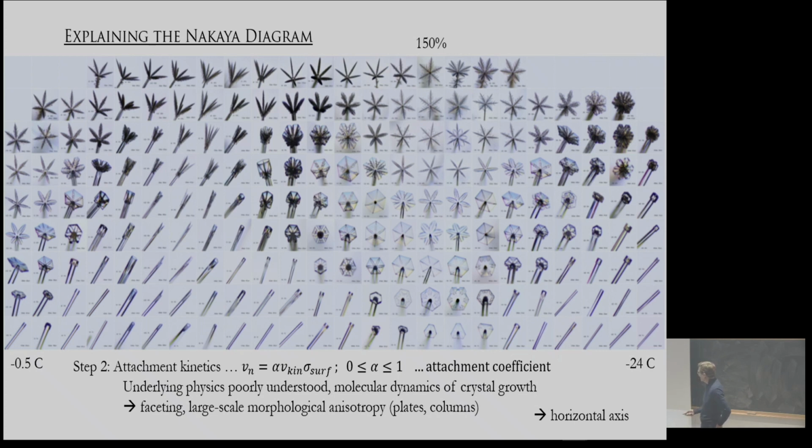So it's this changing anisotropy with temperature by a large amount. It can be 100 to 1, and then 1 to 100 and 100 to 1. It's really a puzzle. And that explains that the attachment kinetics is really responsible for the temperature axis.